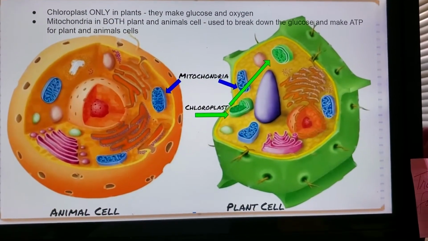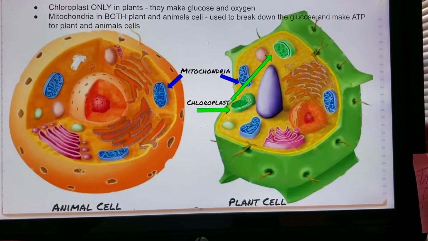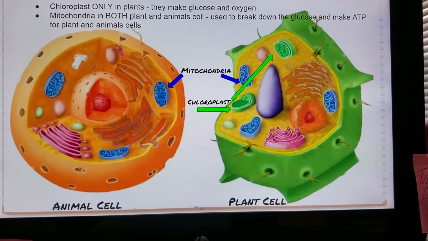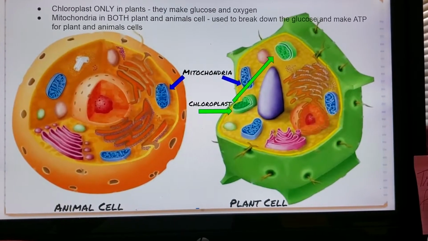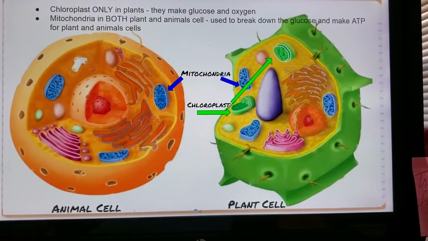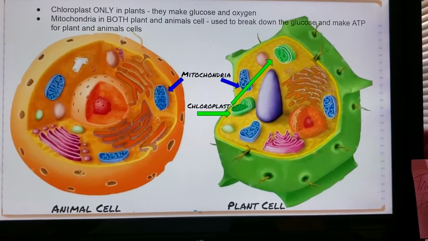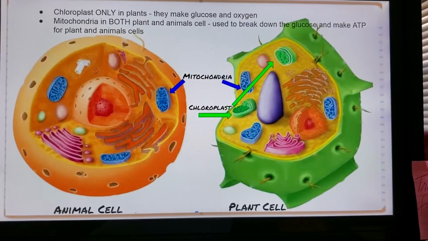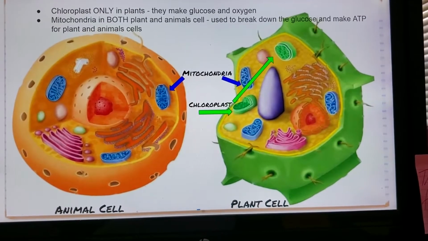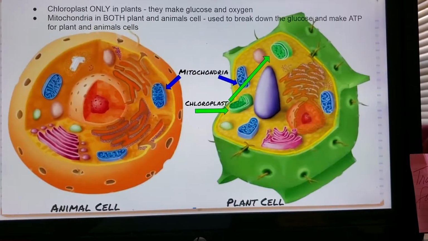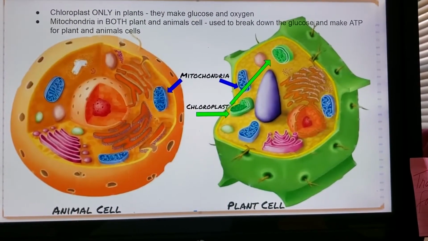To remind you, when we look at plant and animal cells and compare them, we learned that chloroplasts are found only in plants, and that's the site where glucose and oxygen are made. The mitochondria, on the other hand, that organelle, we find in both plants and animals, and it's used to break down the glucose and make ATP energy. The main thing I want you to realize is that the chloroplasts make the glucose, and the mitochondria break down the glucose.